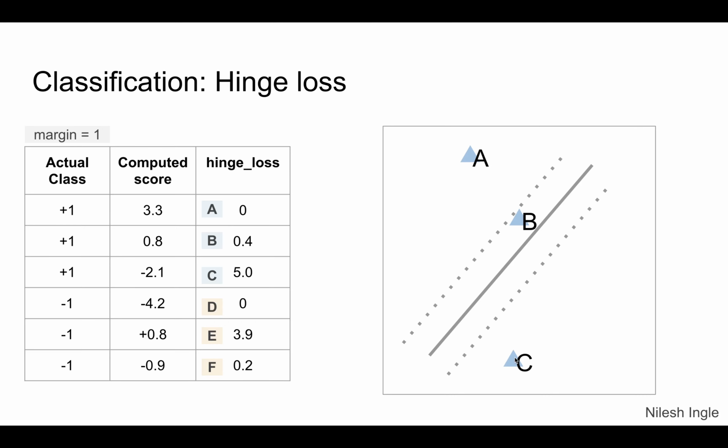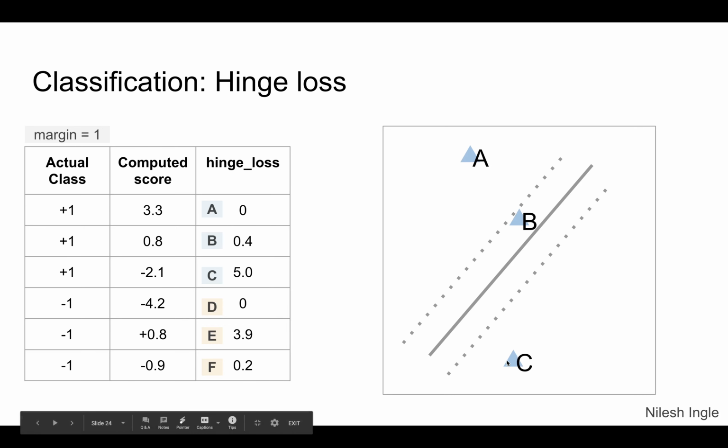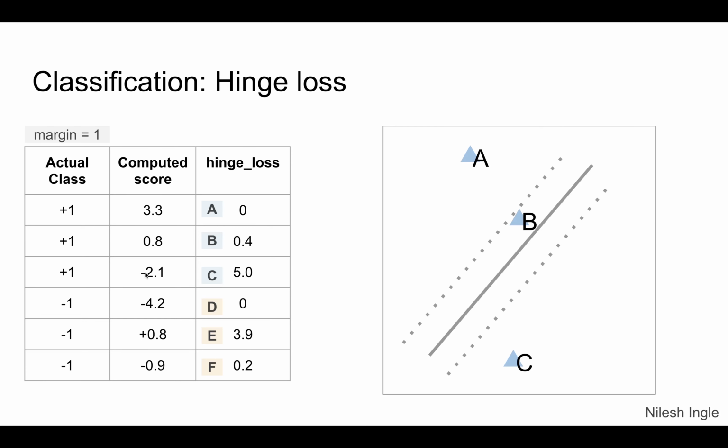Now the point C is incorrectly classified, and therefore there is a large penalty. Here instead of positive, the computed score is negative. Therefore it's assigned to the negative class, and the hinge loss is higher. It's 5.0. For point D, it's correctly classified as a negative class, as shown here by -4.2, and it's greater than the margin.